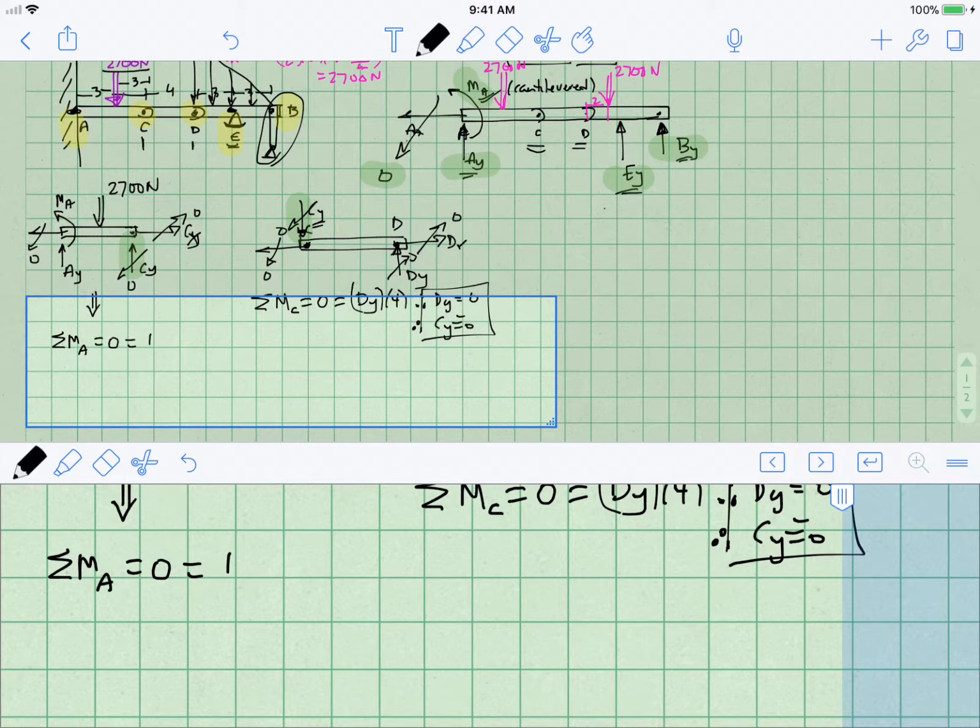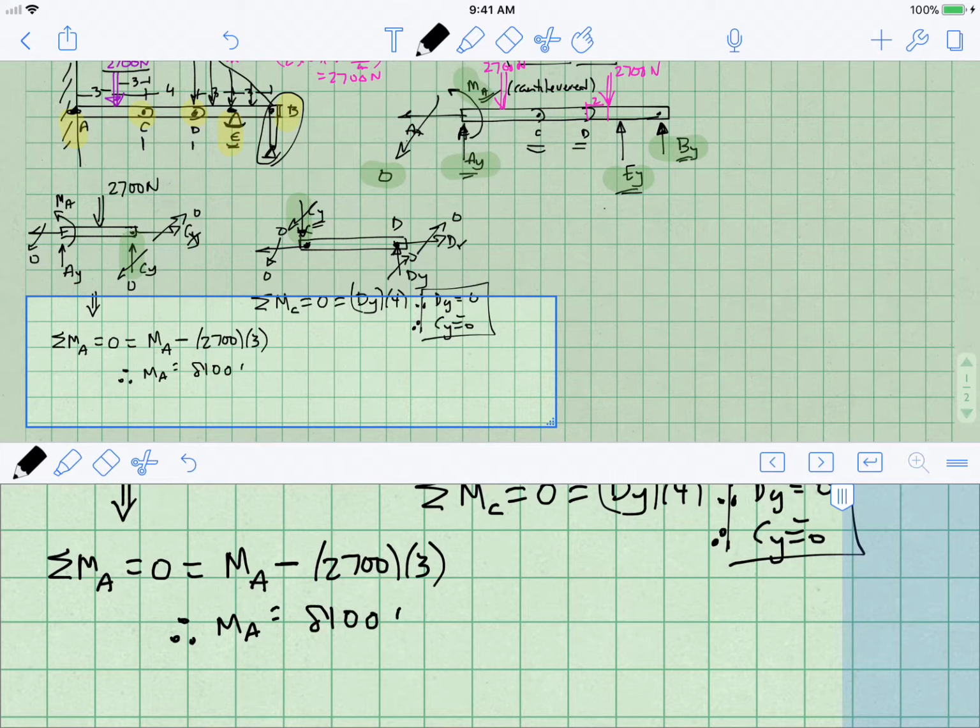What I get is my unknown reaction moment at A, which we drew as positive, so we write it as positive, minus 2,700, and that was a distance of 3 meters away, is equal to 0, and therefore MA is equal to 8,100 Newton meters.